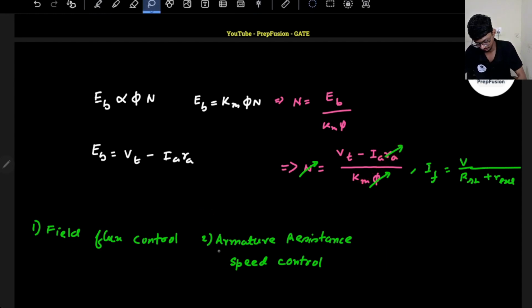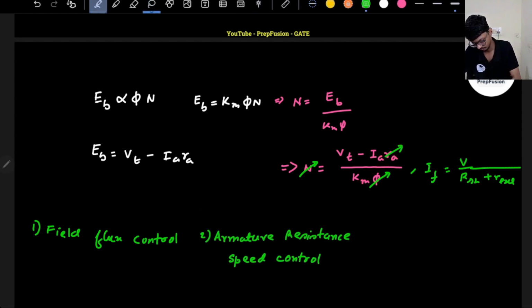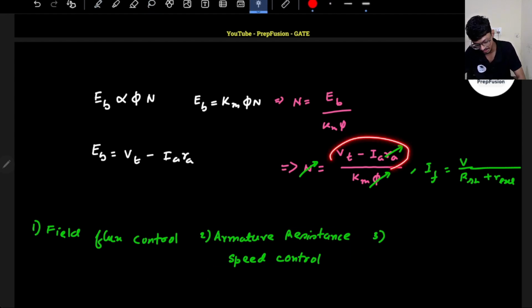The third one is armature voltage speed control, where we control the voltage across the armature directly. Without controlling the drop, I will directly control the armature voltage.